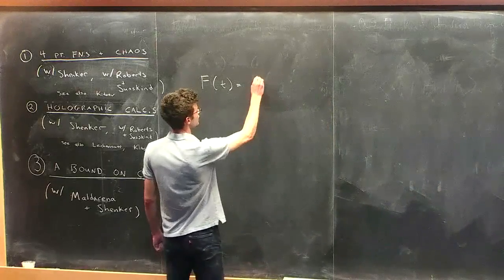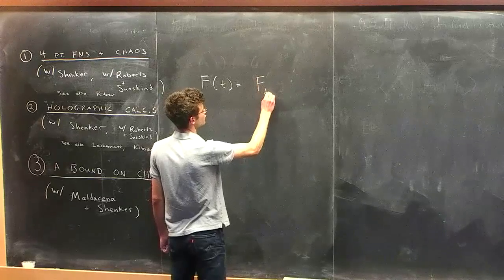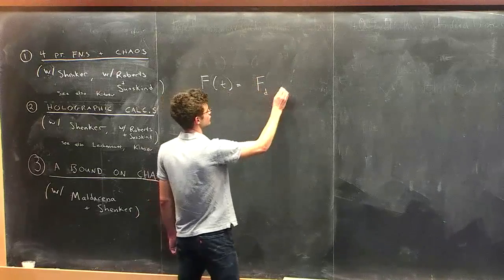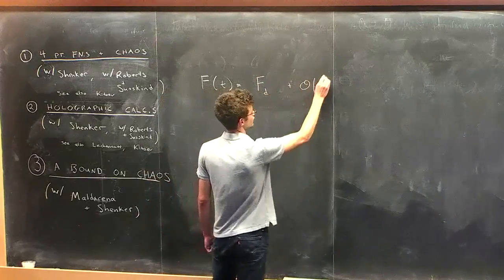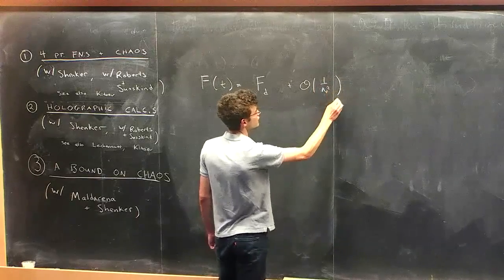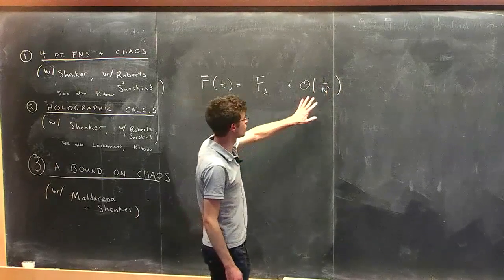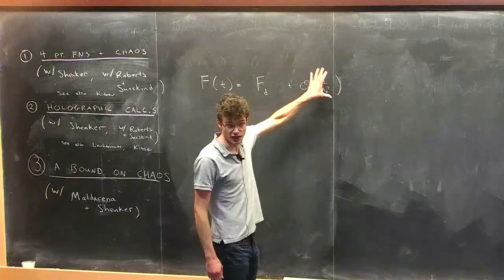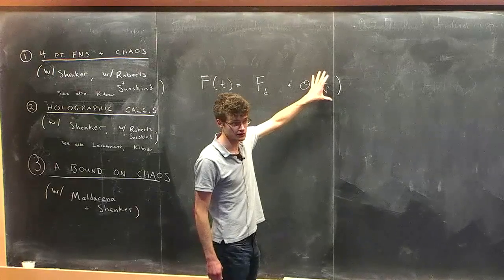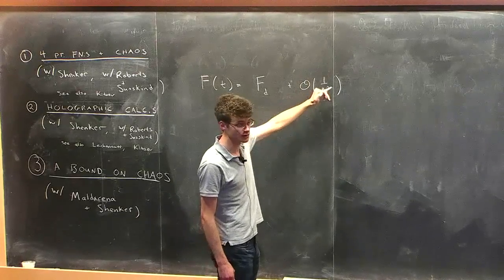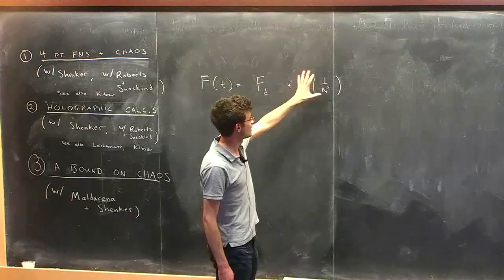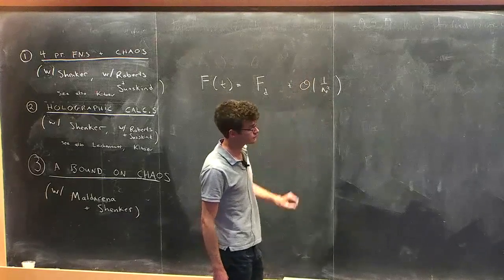So in the case where the v and w operators have no thermal two-point function, f of t is equal to f of d plus order 1 over n squared. Now it's important here that the order 1 over n squared term is growing with time. That's sort of the whole point of this analysis: it is exponentially growing with time. And so you're not, in general, allowed to ignore this term.